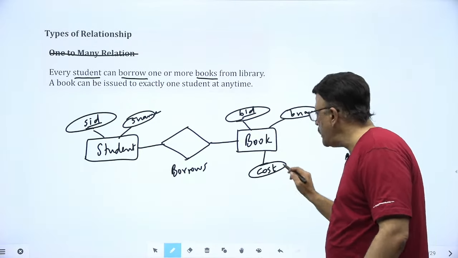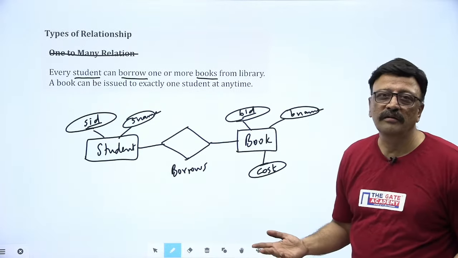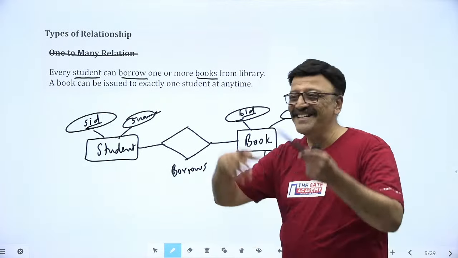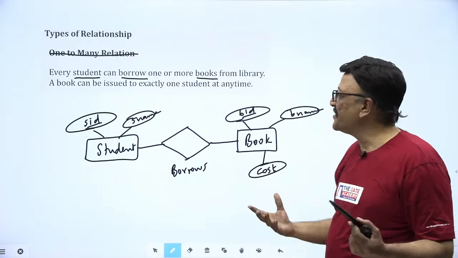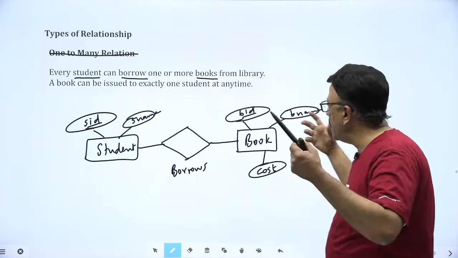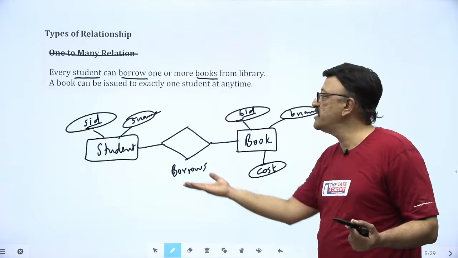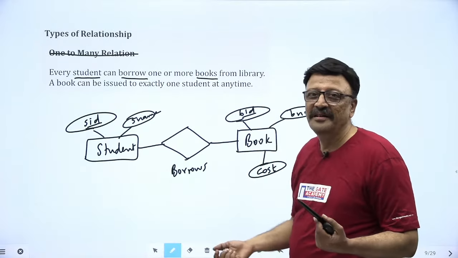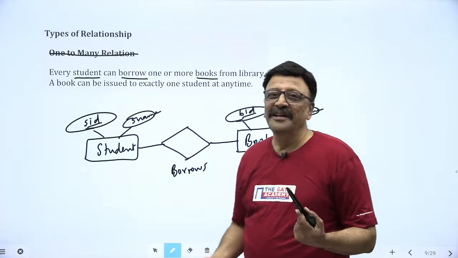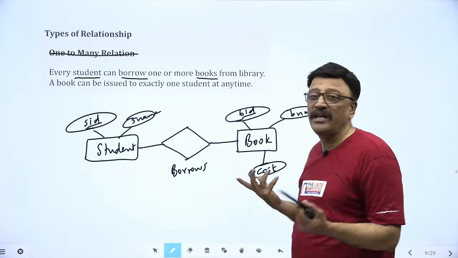But what we are learning is that an entity cannot stay alone. Come on, nobody can stay alone in this real world. Basically, whenever you think of an entity, there is a relationship of that entity with some other entity. Otherwise, it's of no use. Why would you create an entity if it is not related to any other entity?